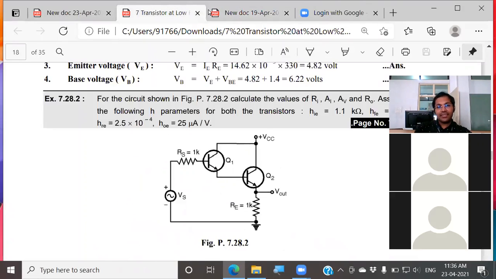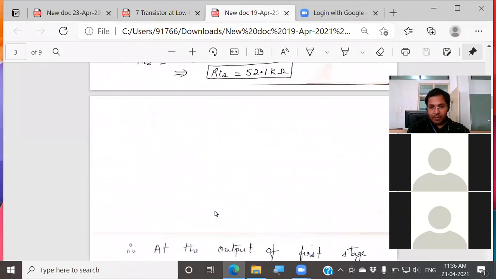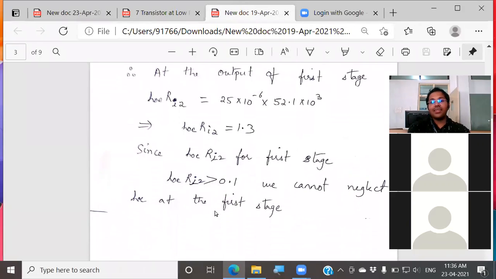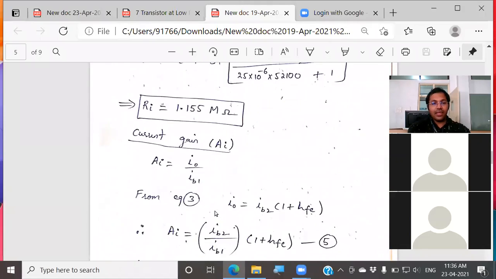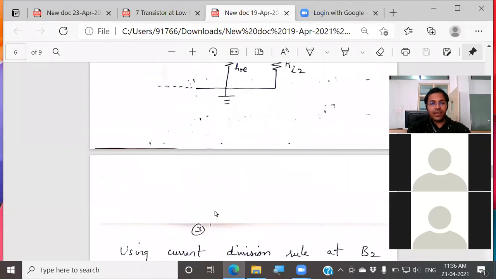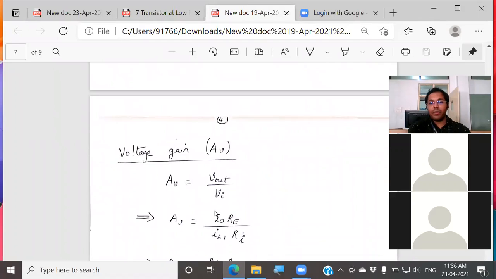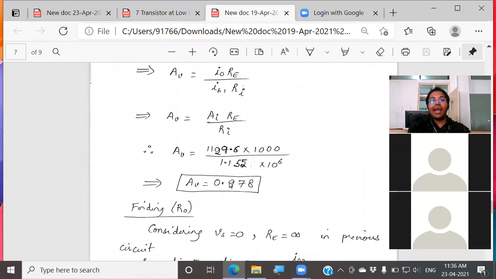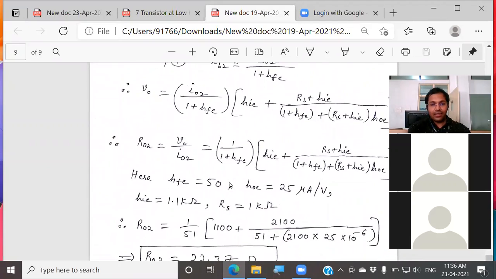So the voltage gain for the Darlington amplifier is nearly equal to 1 because the transistors are in common collector configuration. Ro is very low. Both Ro2 and Ro we have seen are in ohms, nearly 20 ohm. So a very low value.